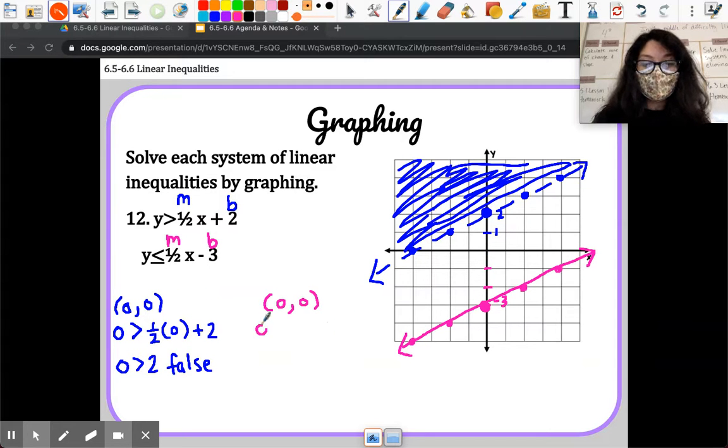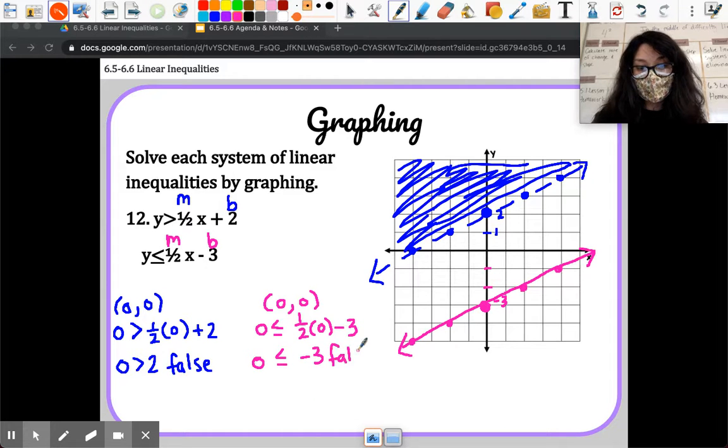If I replace y with 0 and x with 0, it's going to look like this. If I multiply here, that's going to give me 0, and 0 minus 3 gives me -3. So this says 0 is less than or equal to -3. Neither one of those things are true. So this is also a false inequality.